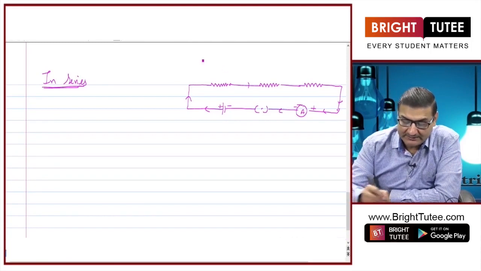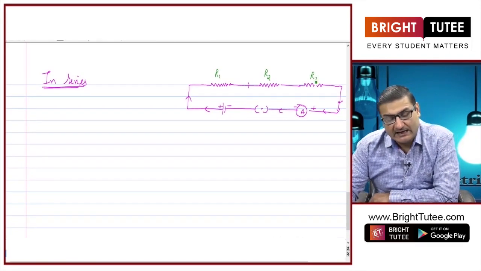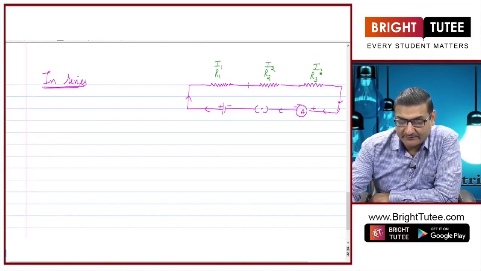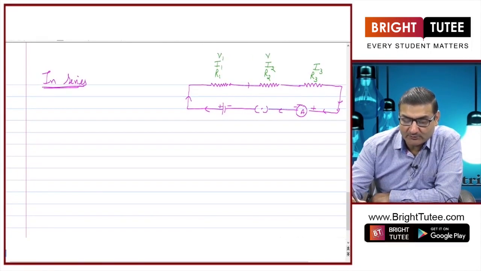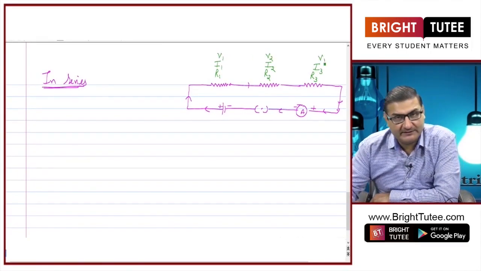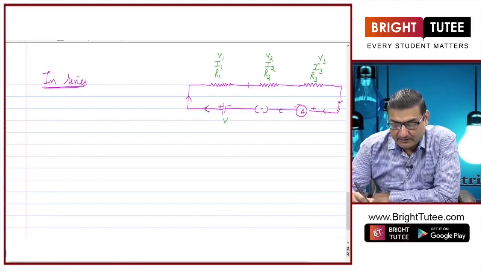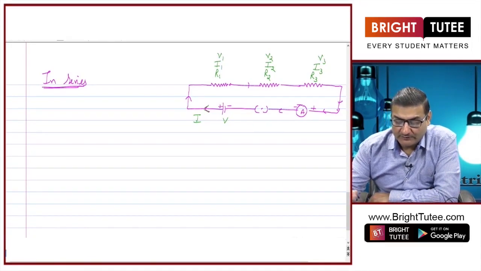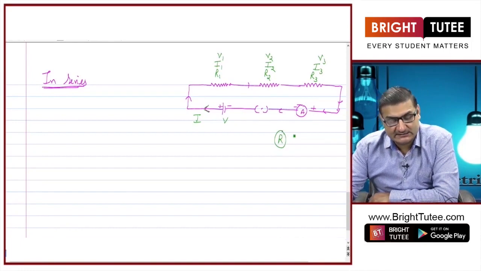This we have taken to be the first resistance R1, the second resistance R2, the third resistance R3. The current across this is considered to be I1, this I2, this I3. The potential differences are considered to be V1, V2, V3. This was the total potential difference. From here we consider the total current to be capital I. Now, we will be calculating what the total resistance will be.